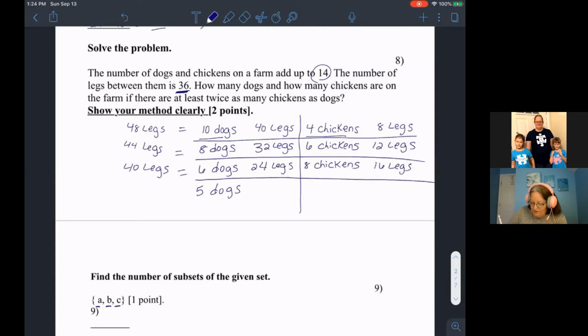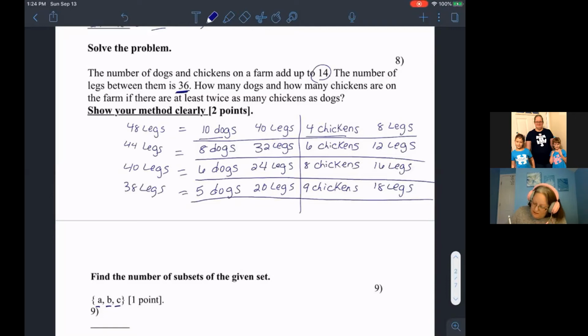I went 5 dogs, which has 5 times 4 is 20 legs. And then 9 chickens would have 18 legs. And that would be 20 plus 18 would be 38. So close.